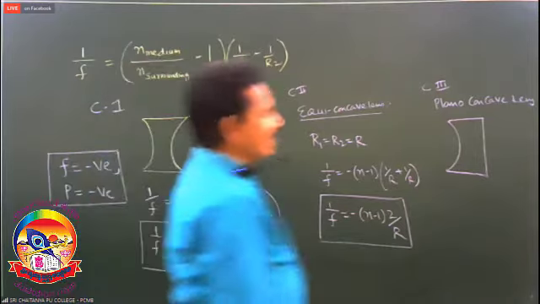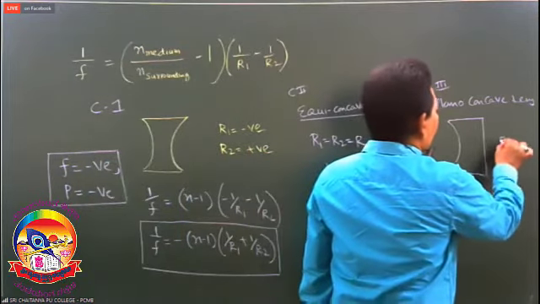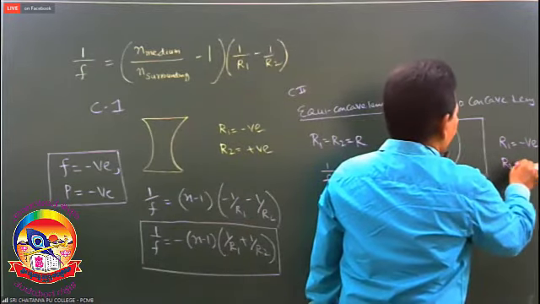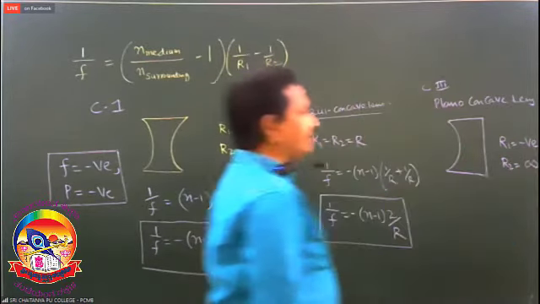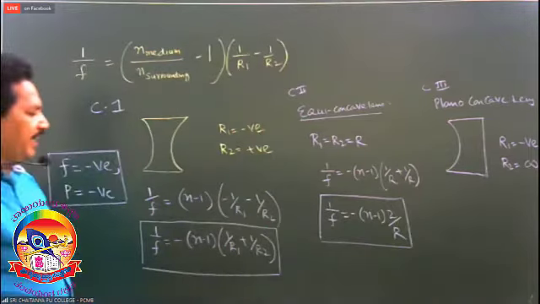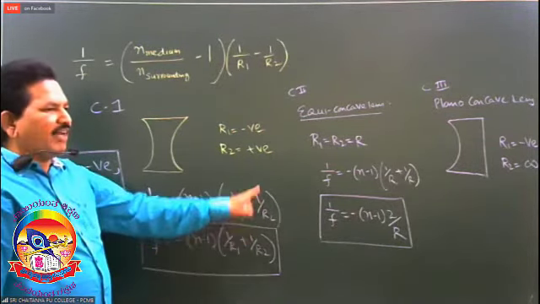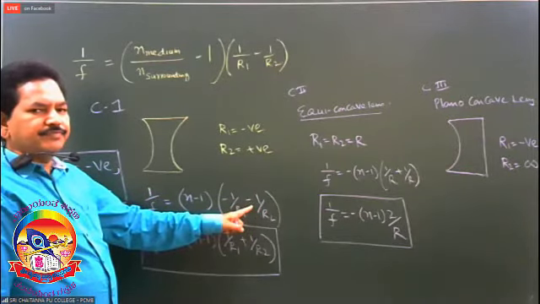Then in this case R1 is negative and R2 is equal to infinity. Substituting in this formula, for R2 infinity, 1 by infinity is 0.